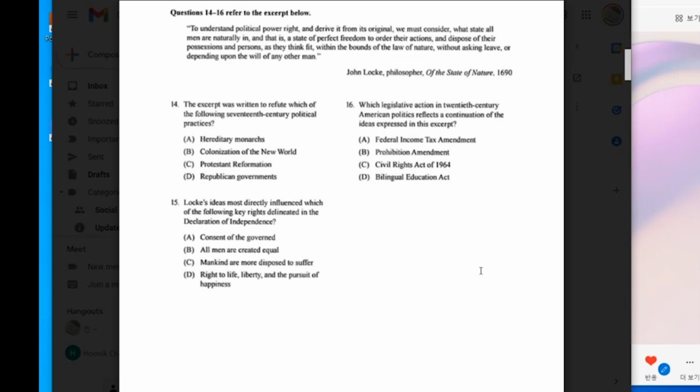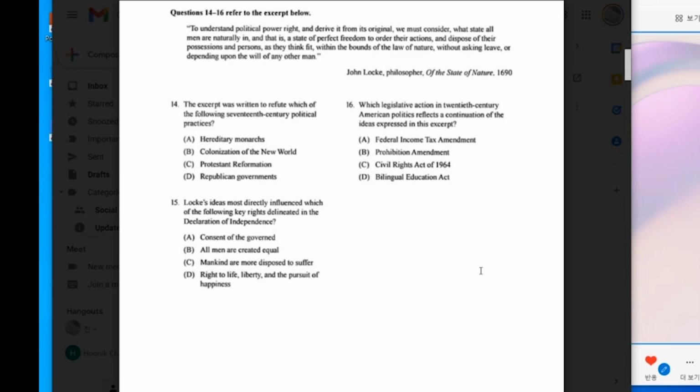So another implication, if you go a little further from there, is that if the government failed to protect those inalienable or natural rights, then the government can be overthrown, right?